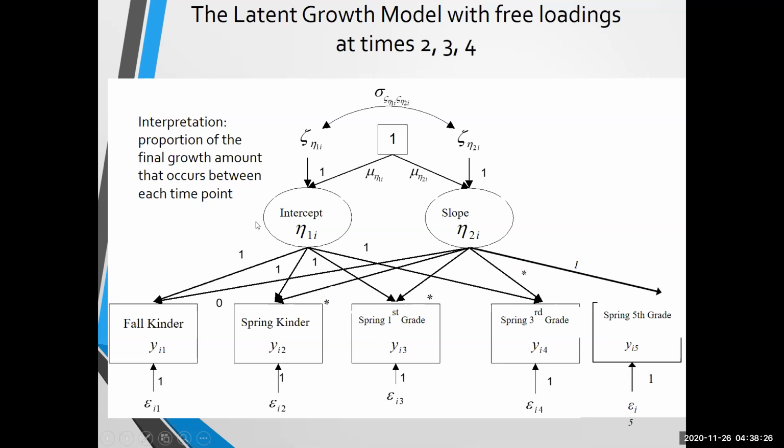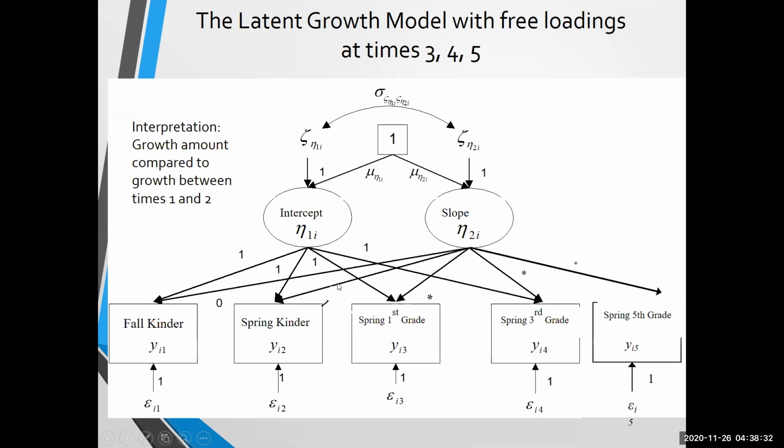So this type of specification is more convenient to interpret, although I did find that the one where you just fix 0, 1 and freely estimate after that is easier to estimate.